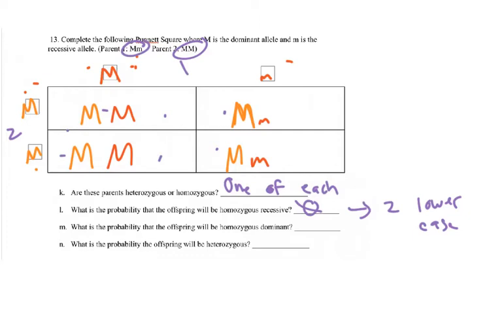Homozygous dominant just means that you would have 2 capital letters. So I can see that in this, we have 2 examples of that. So that's like having 2 quarters, which is the same as 50%. And what is the probability that the offspring will be heterozygous, which as we know means 2 different. And we have 2 boxes that have a capital and a lowercase, which makes them heterozygous, which is 2 quarters, which is also the same as 50%.